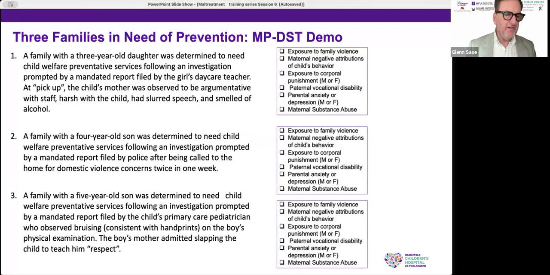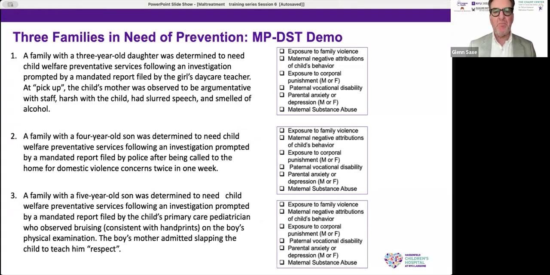And I'll just give practical examples here of 3 families that might benefit from this tool. So the first family is a family with a 3-year-old daughter determined to need child welfare preventative services following an investigation prompted by a mandated report filed by the girl's daycare teacher.